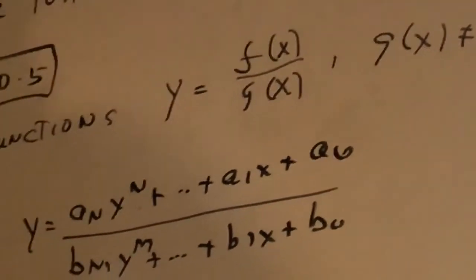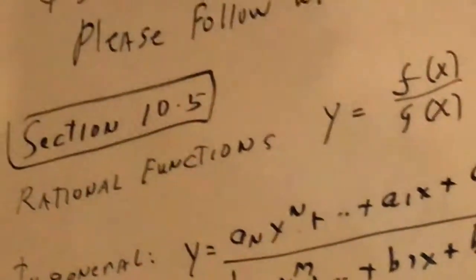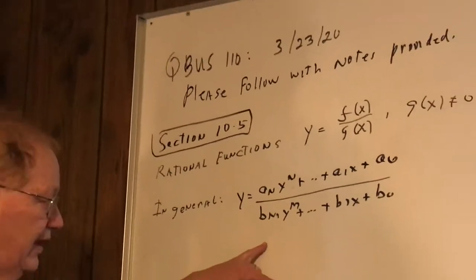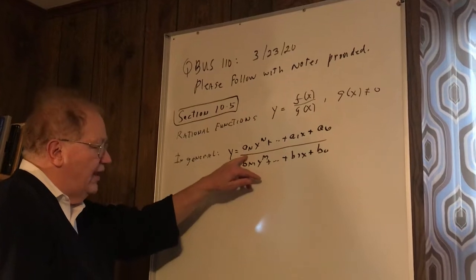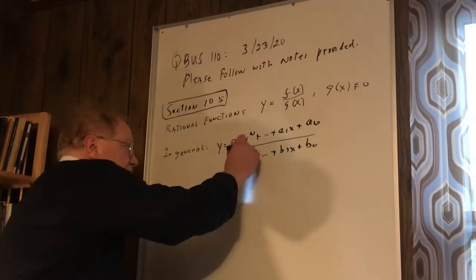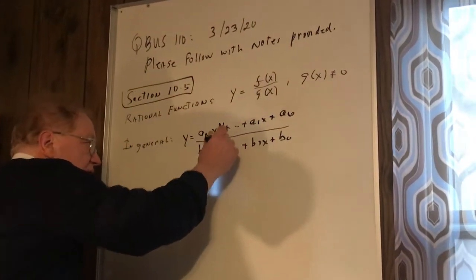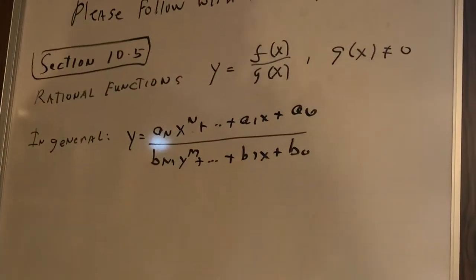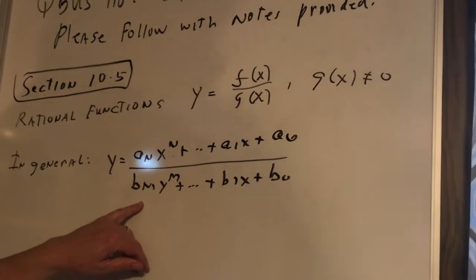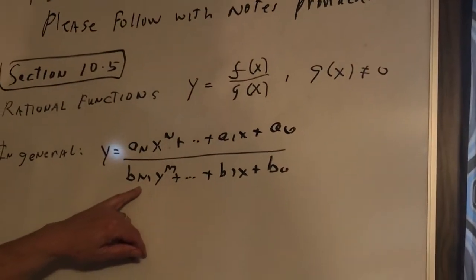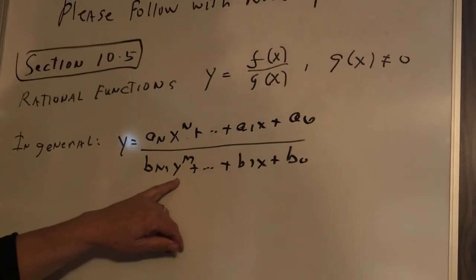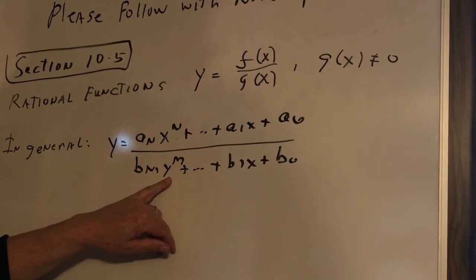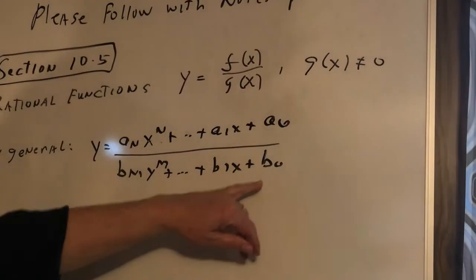In general, since these are polynomials, we can have a polynomial that reads a_n x^n, where n is the power, all the way to a_1 x and a_0, which is the constant. The denominator can have b_m, which is the coefficient, where m is the power of the denominator, all the way out to b_0.